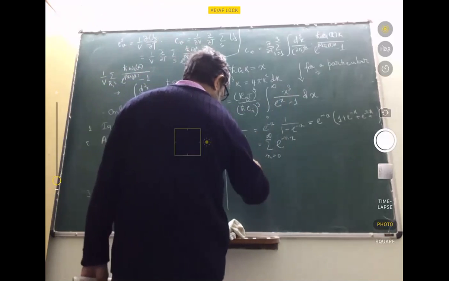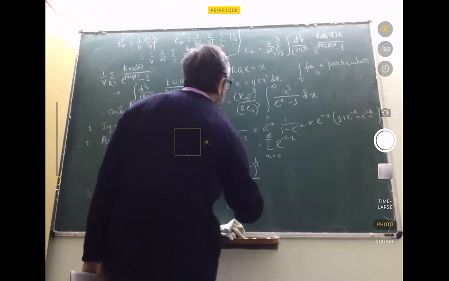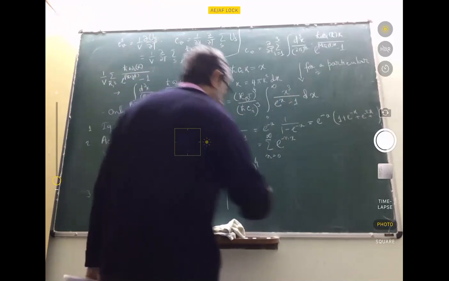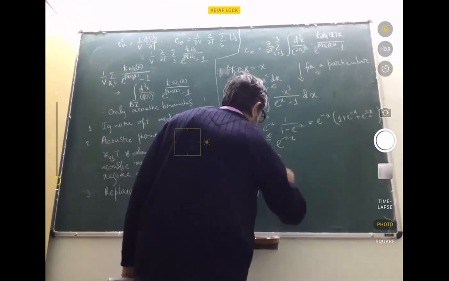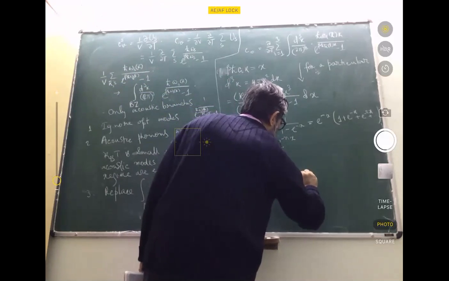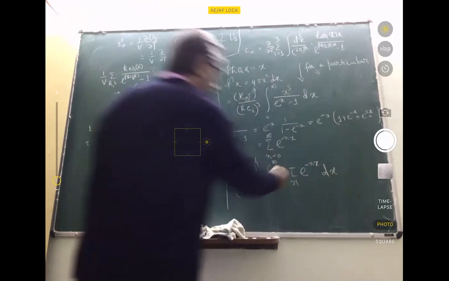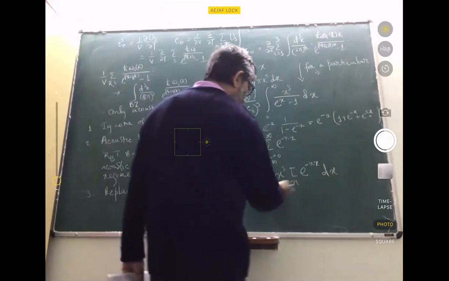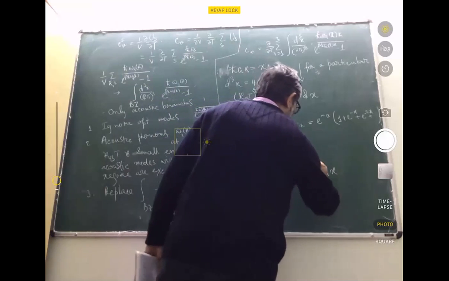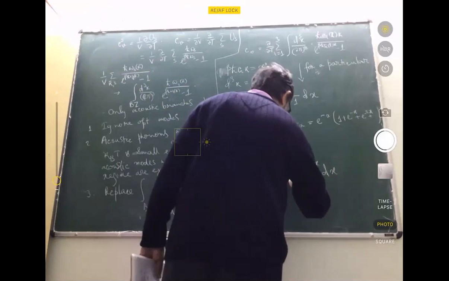So this is a sum over n. There are terms similar in nature, so you can just evaluate it for a particular n, and then sum over n.